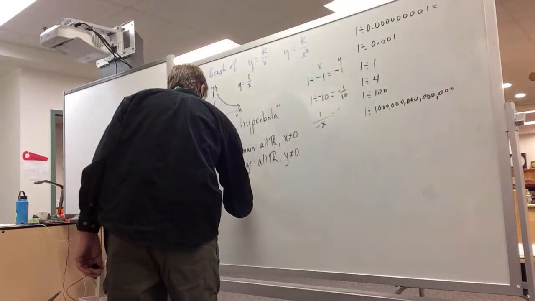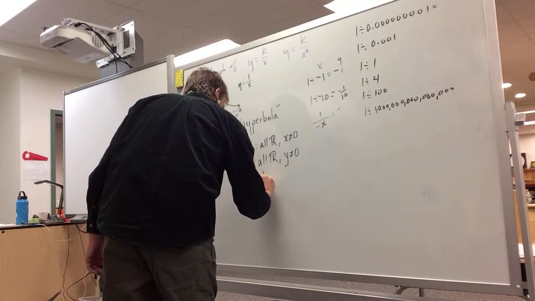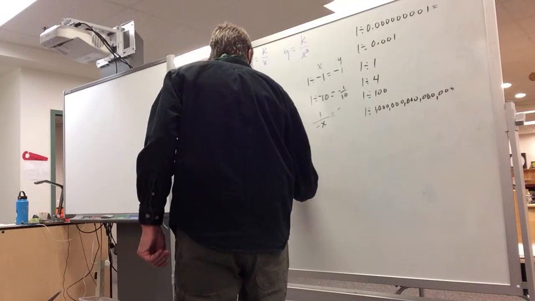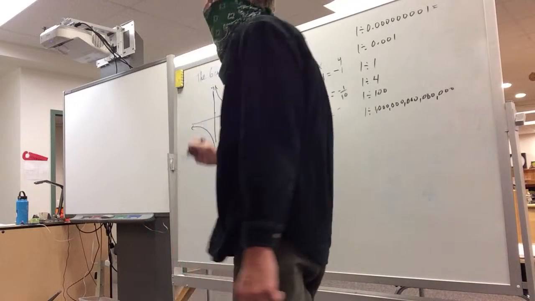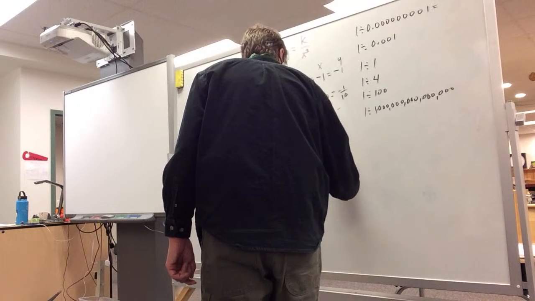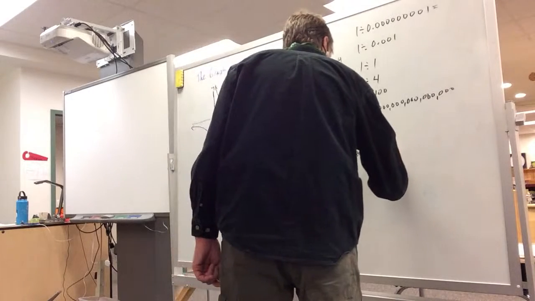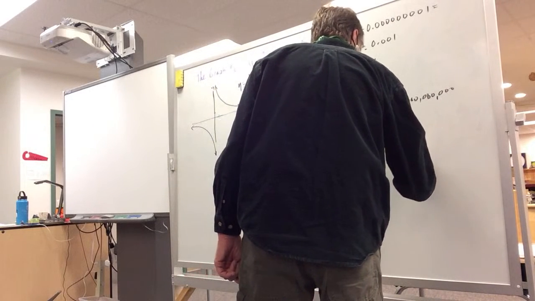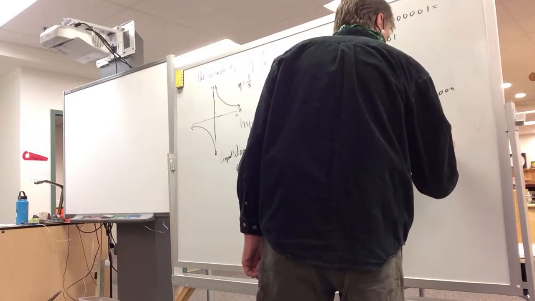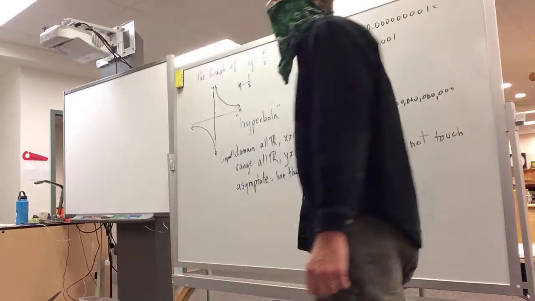And so an asymptote is a line that a curve approaches but never touches. And when we say a curve, we're talking about the function curve.